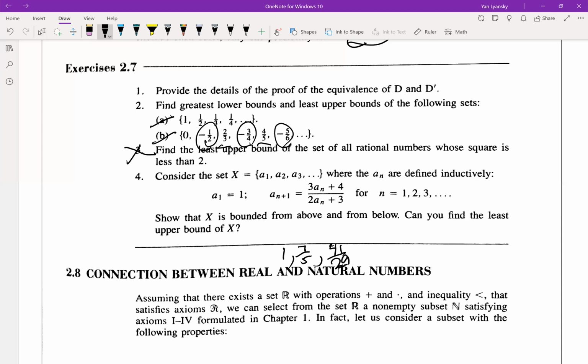Do you have a calculator? In decimal form?